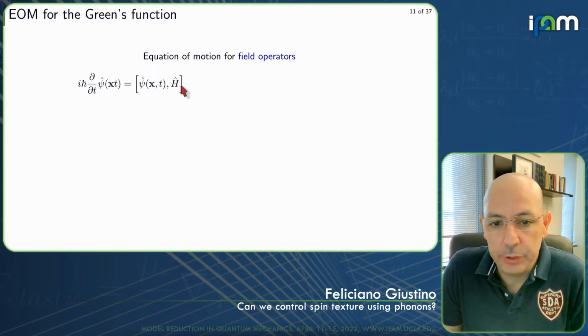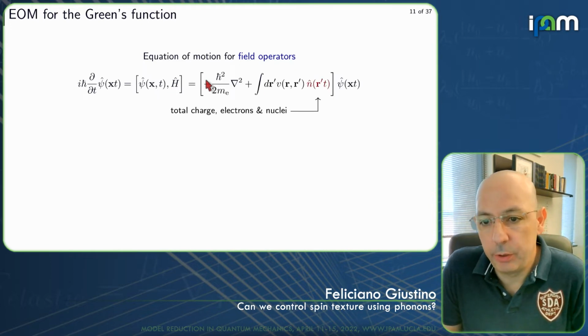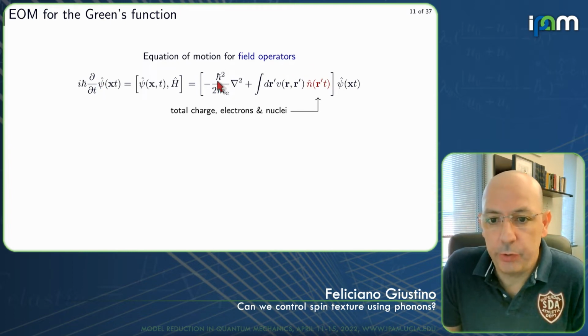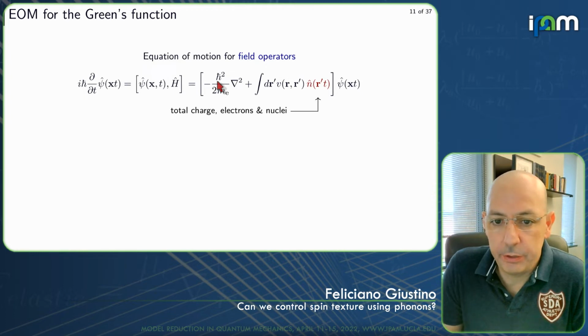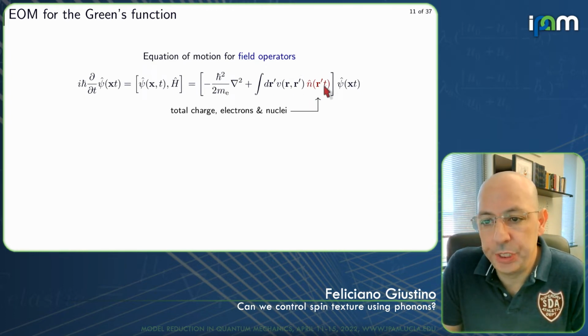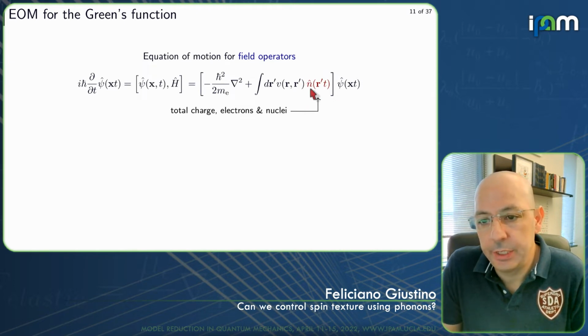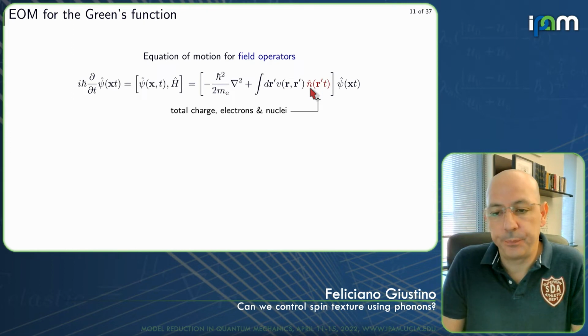If you evaluate the commutator here, you will find a very simple Schrödinger-like equation that links the time derivative of your field operator with terms that look very much like what you would find in a Schrödinger equation for a single particle, so kinetic energy, and then this potential that has to do with the Coulomb interaction generated by the density of all the particles in the system.